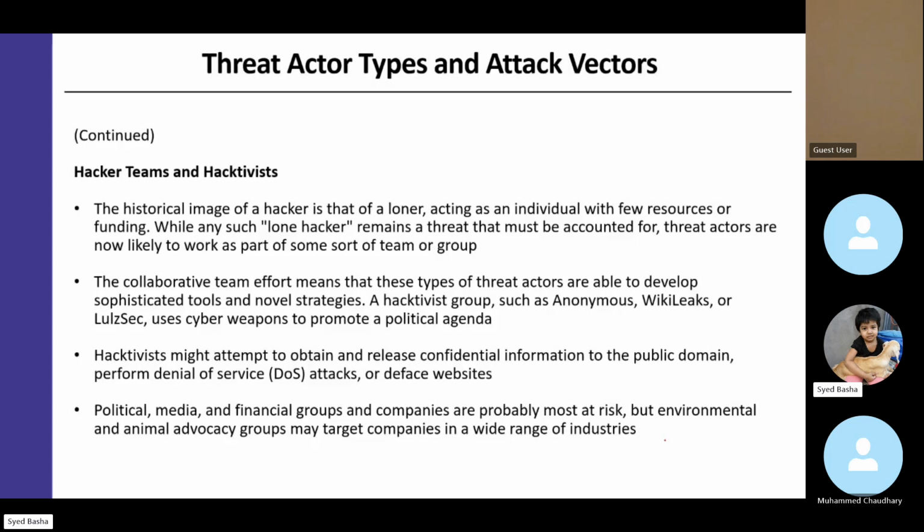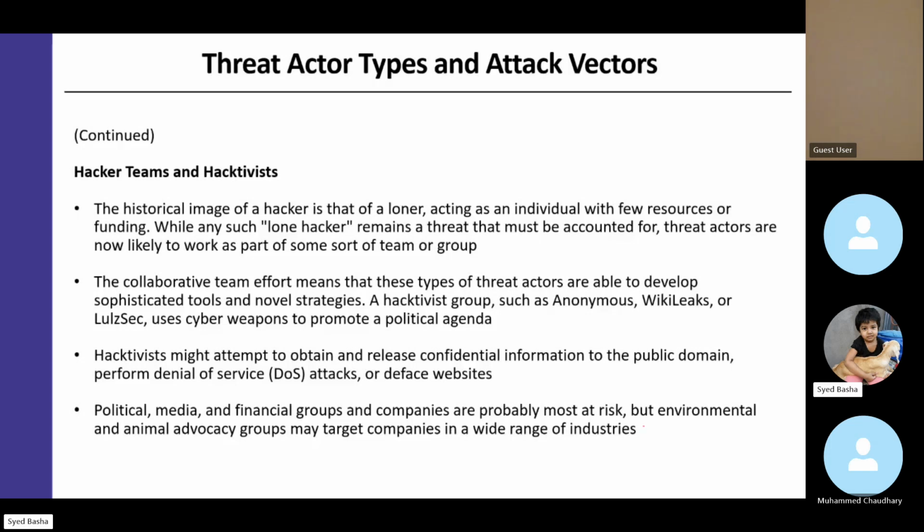There are many such groups. They form teams and share the responsibilities among them: you use this tool to hack their website, I will try to get something from the IP address side, I will try to do some social engineering. So they work as a team. That's a hacker team.